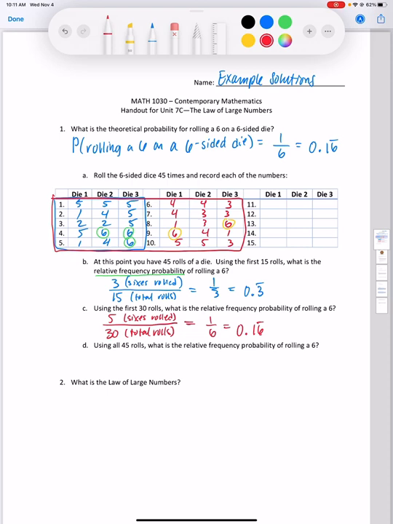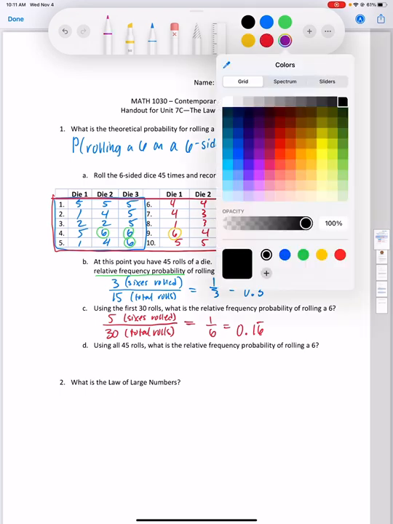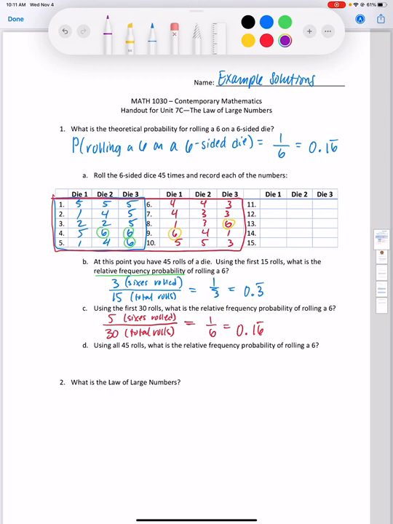Now we're going to do 15 more rolls using our dice and record the results. Record them in purple. Okay, 2 more dice. So there's 5, 5, 6. 1, 2, 6. 1, 3, 6. 3, 3, 2.